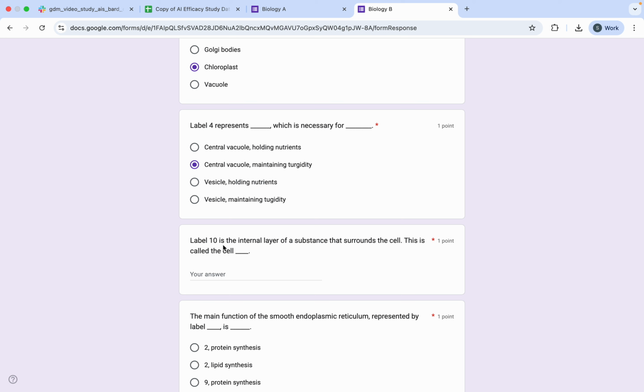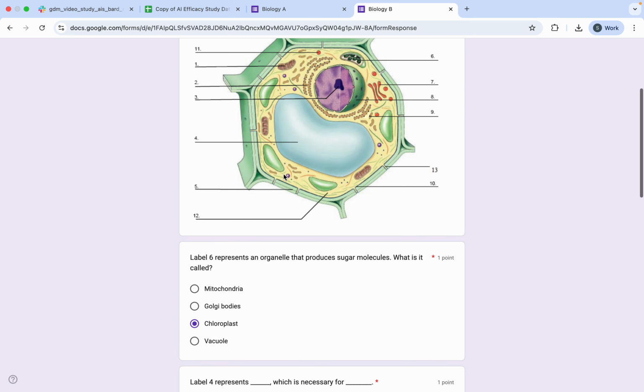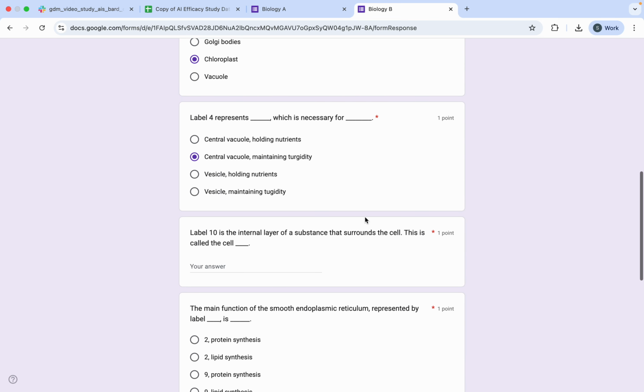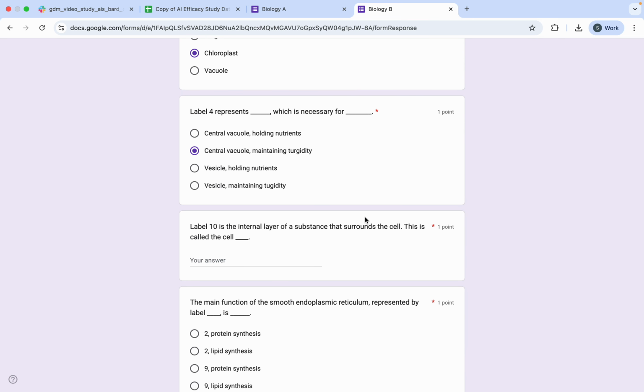Now label 10 is the internal layer of a substance that surrounds the cell. This is called dash. Label 10 is this. It represents the internal layer of the substance that surrounds the cell.